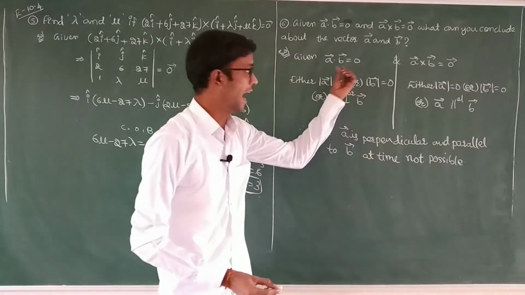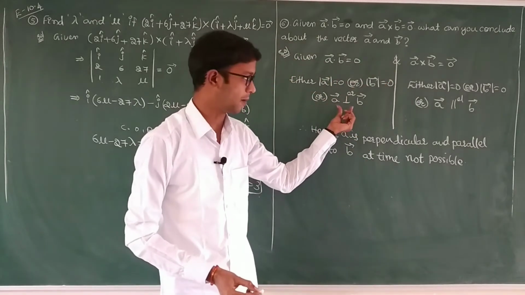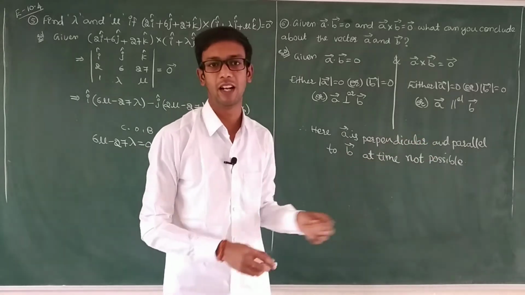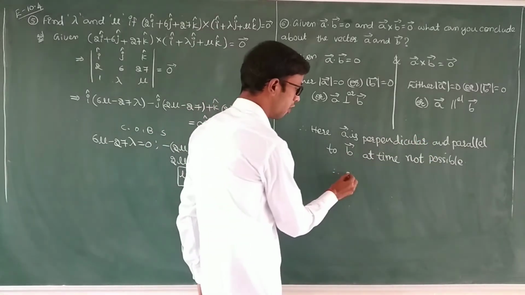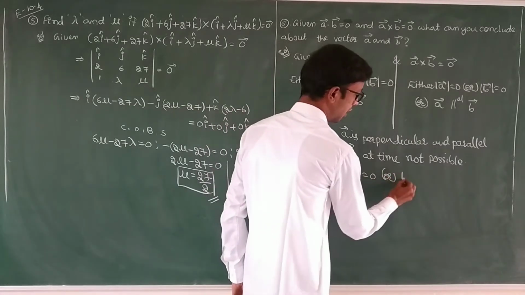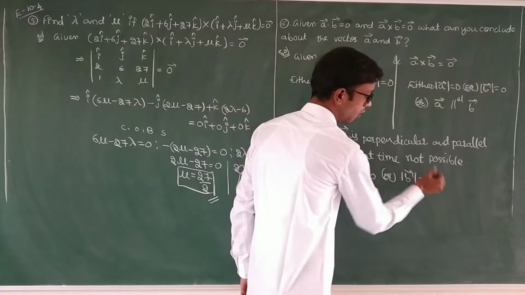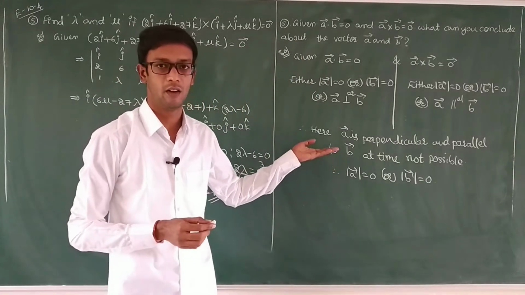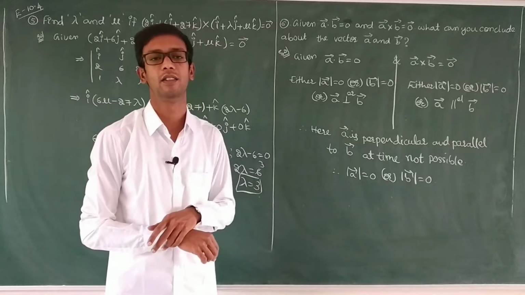You observe, if you are taking perpendicular and parallel, perpendicular and parallel at a time is not possible. Therefore, magnitude of a bar equal to 0 or magnitude of b bar equal to 0. That means either a bar is a 0 vector or b bar is a 0 vector.